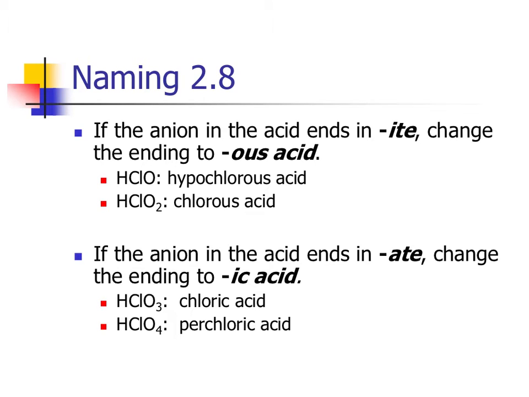If the anion ends in ITE, meaning it's a polyatomic ion, and being able to recognize those polyatomic ions is very, very important. If the polyatomic ion has a prefix, we do not change the prefix, as that helps us identify what we're talking about.